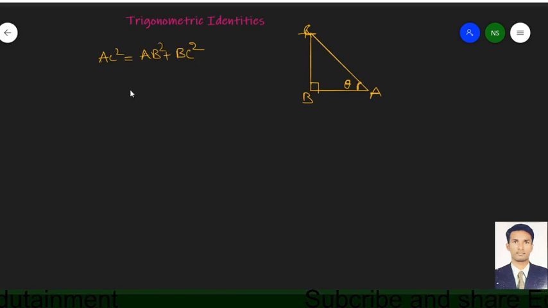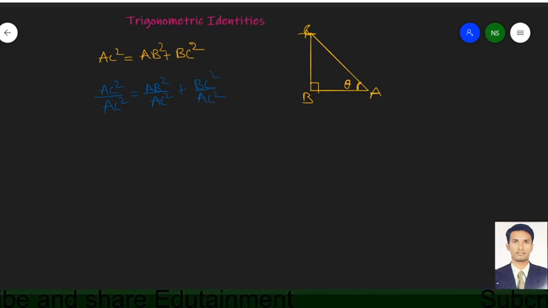Okay. If I divide both sides with AC square, I will get AB square by AC square plus BC square by AC square.